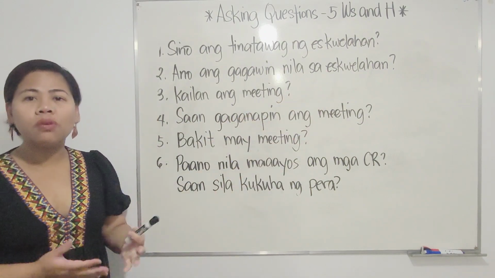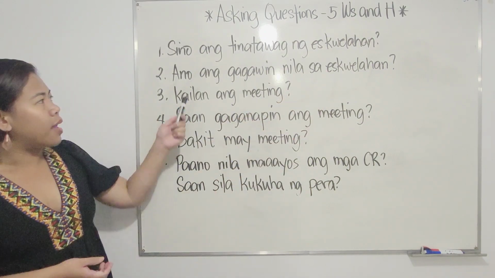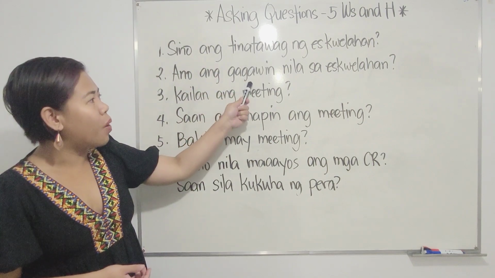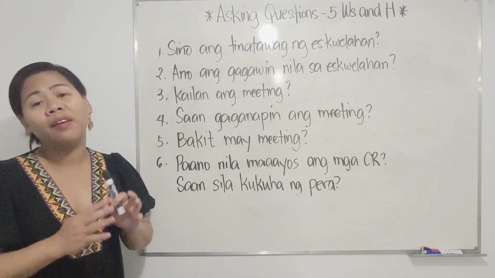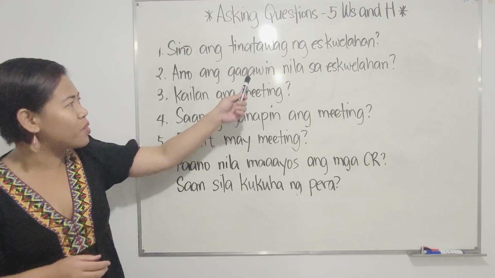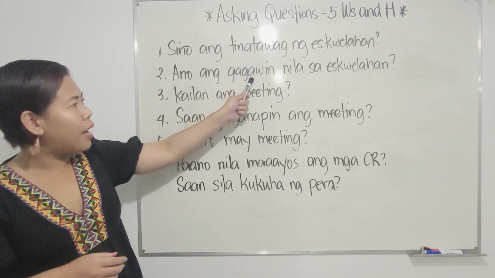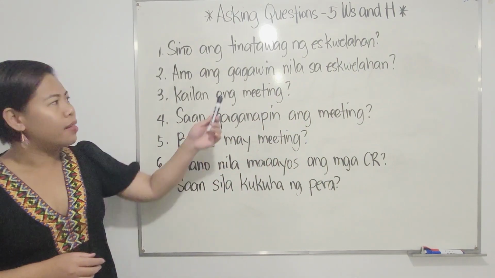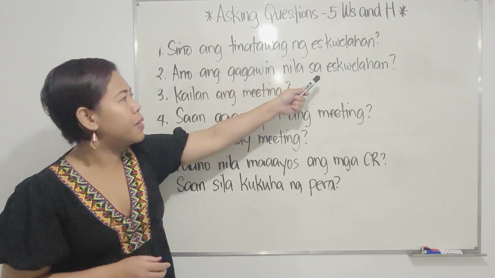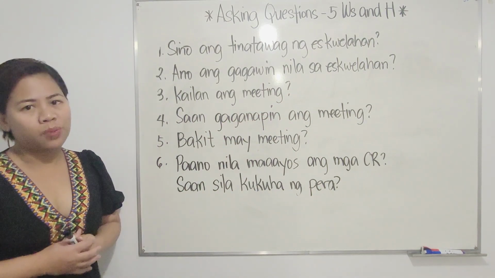Then, you would say, gagawin nila sa eskwelahan ang, what are they going to do? PTA meeting, right? So, you start with the verb, gagawin. Gagawin nila sa eskwelahan ang PTA meeting. They are going to do PTA meeting in the school.